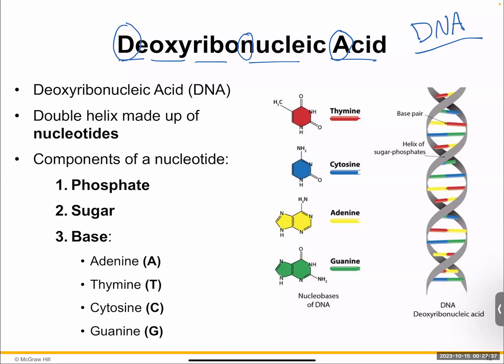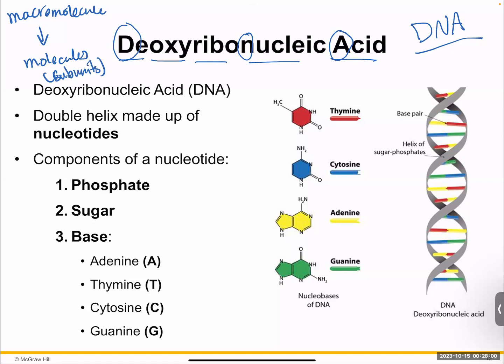Now, DNA, again, remember, it's a macromolecule. It's a really large molecule. So when we have a macromolecule, it gets broken into smaller molecules, or what we call subunits. Basically, what it is made up of.